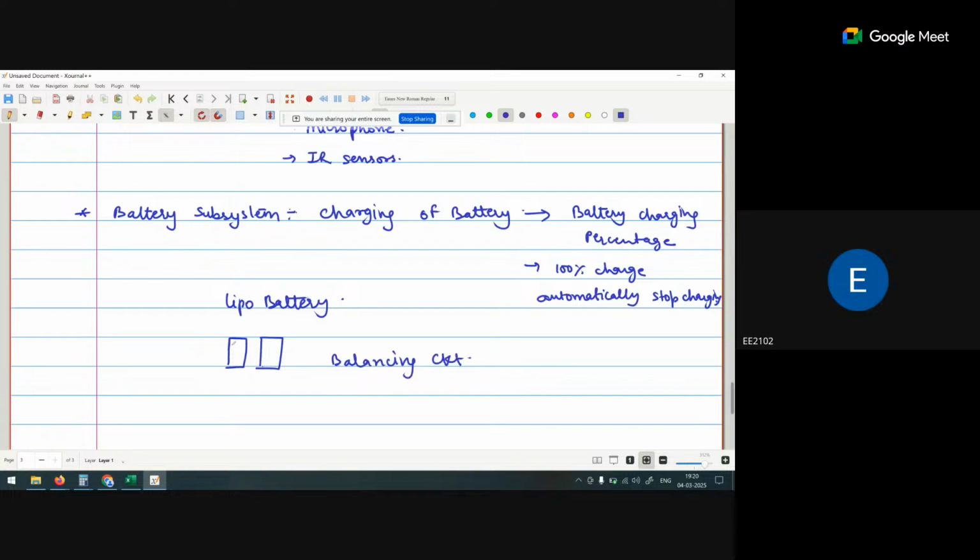What is the meaning of a balancing circuit? The balancing circuit ensures that these two batteries charge equally. If one is at 50% charge, the other battery is also at 50%. If one is at 70%, the other is at 70%. So it is called the balancing circuit.